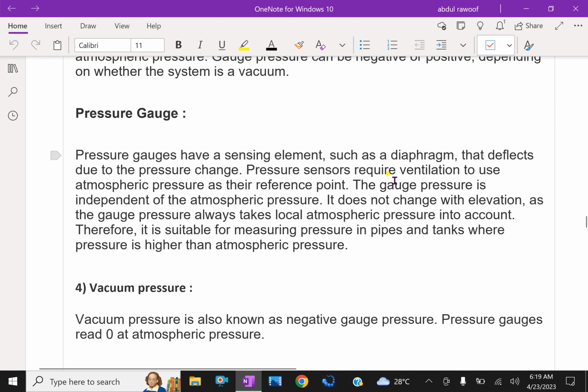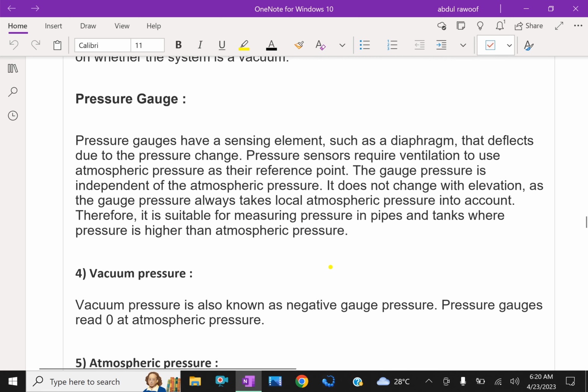Pressure sensors require ventilation to use atmospheric pressure as their reference point. The gauge pressure is independent of the atmospheric pressure. It does not change with elevation as the gauge pressure always takes local atmospheric pressure into account. Therefore, it is suitable for measuring pressure in pipes and tanks where pressure is higher than atmospheric pressure.